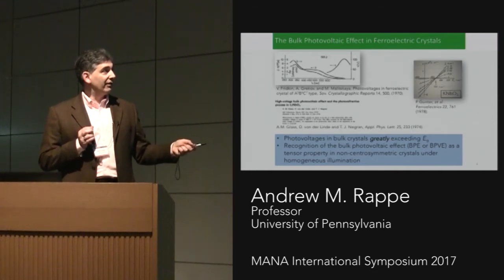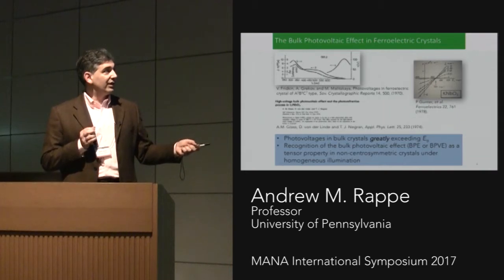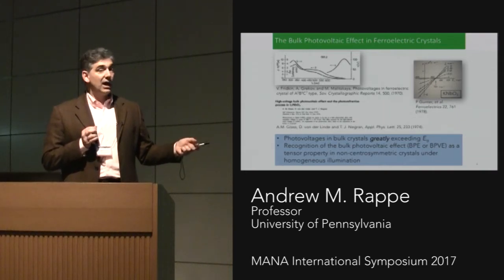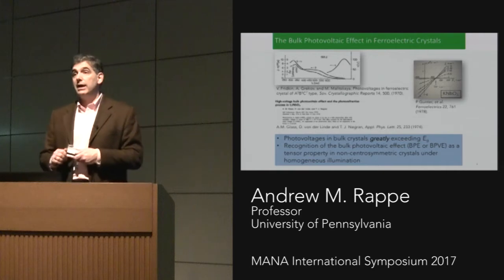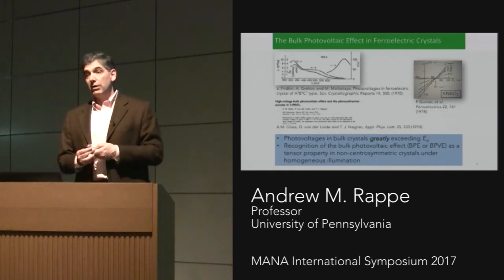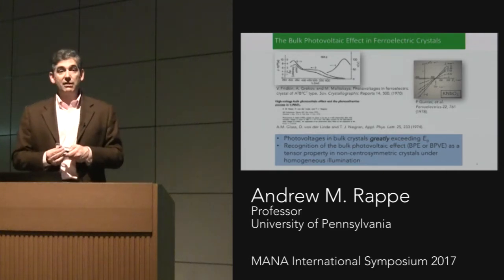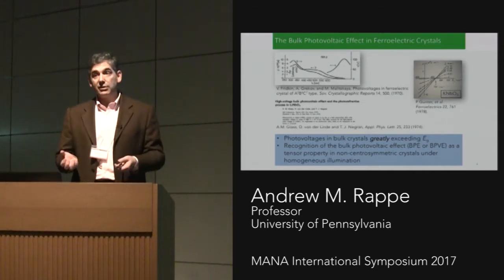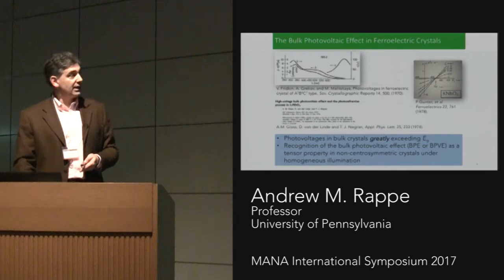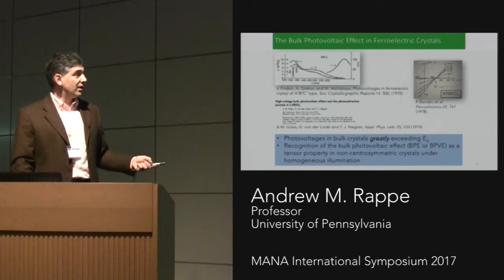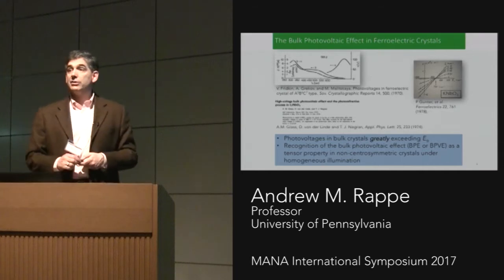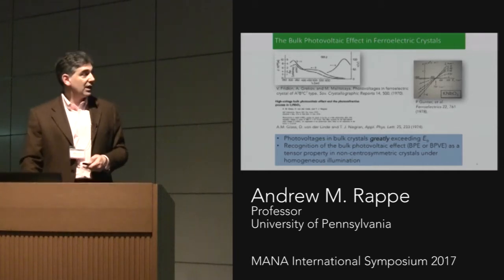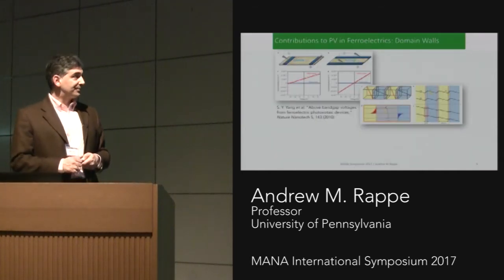And what you see here is that no matter what intensity you have, the same voltage or the same applied electric field takes away the current. And so you have the same open circuit voltage for different intensities. That is a signature of this bulk photovoltaic effect. And you can find photovoltages that greatly exceed the band gap. So that's a very appealing feature of this phenomenon.